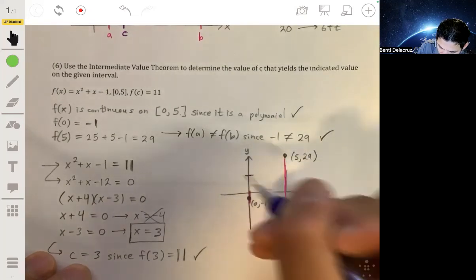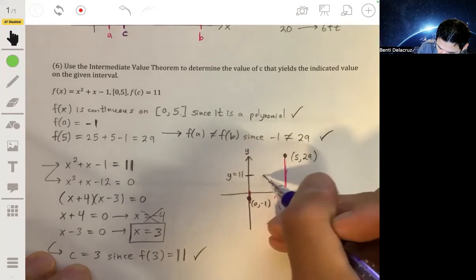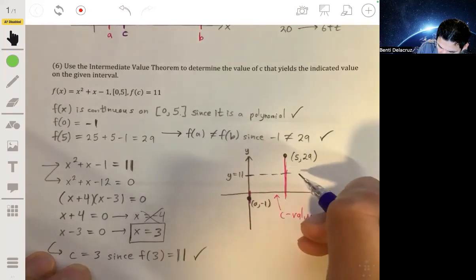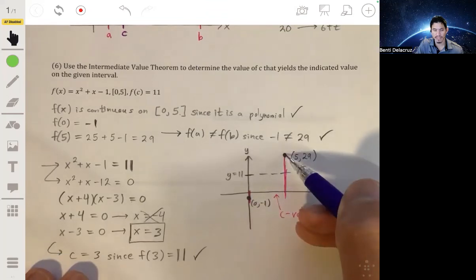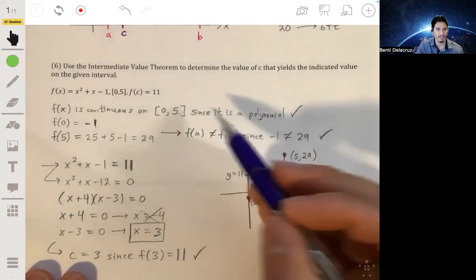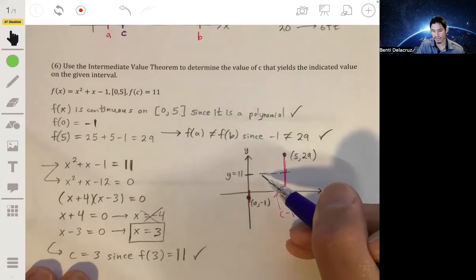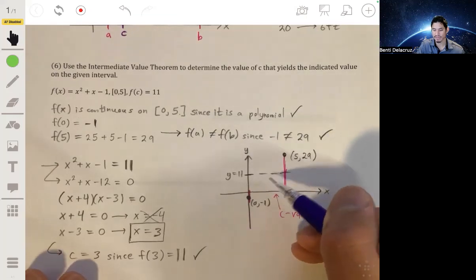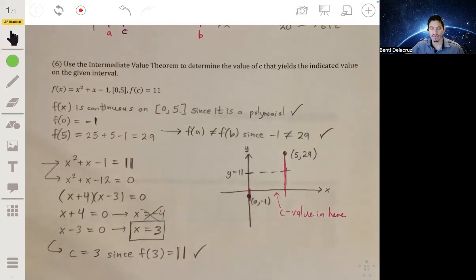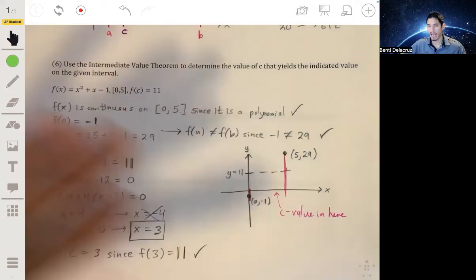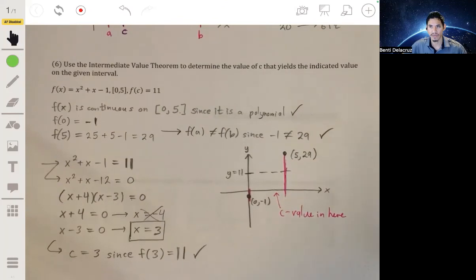Let's say this is y equals 11. So in order for this point to connect to this point, because we've already shown it has to be continuous, it has to go through the line y equals 11 somewhere between 0 and 5. So that's all that's saying. So I always recommend having a picture just to reinforce what you're doing and to make sure you understand it as well.